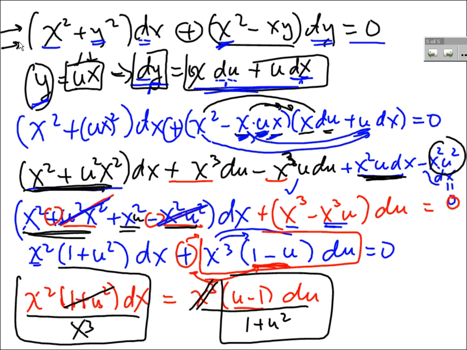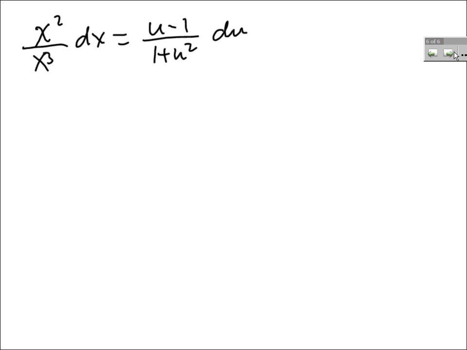So let me just write this down on the other side, on another page, and then we'll try our best to solve this integral. So what I came up with is x squared over x cubed dx, and this is u minus 1 over 1 plus u squared du.